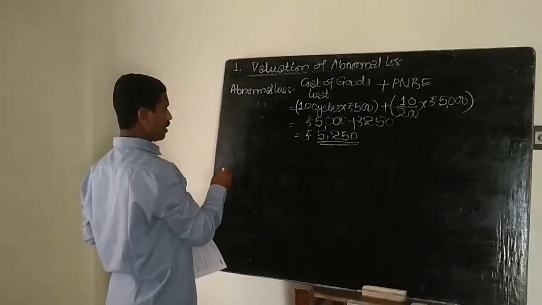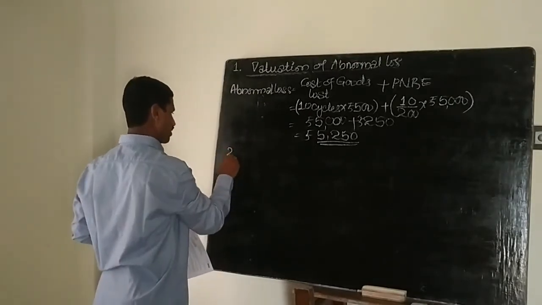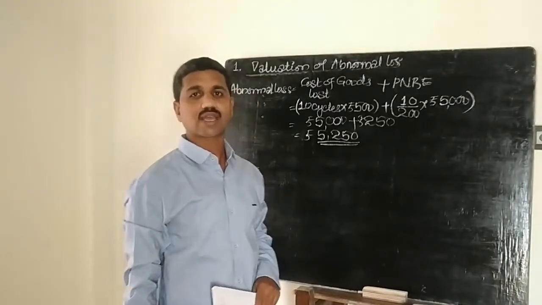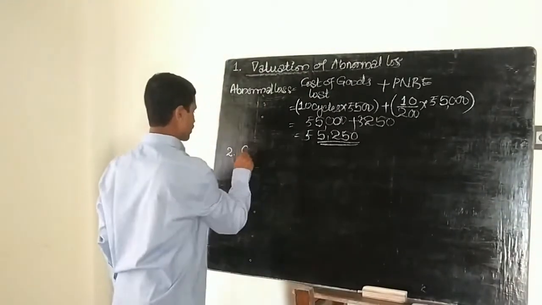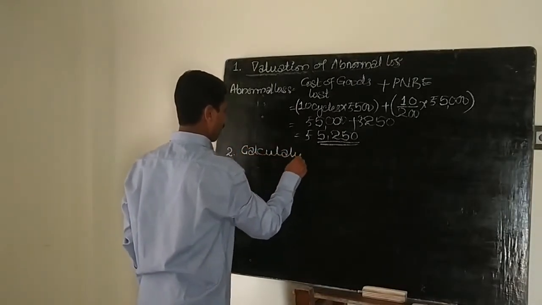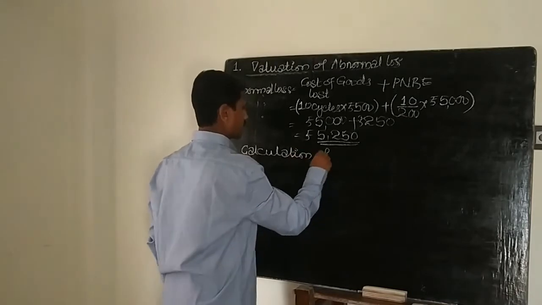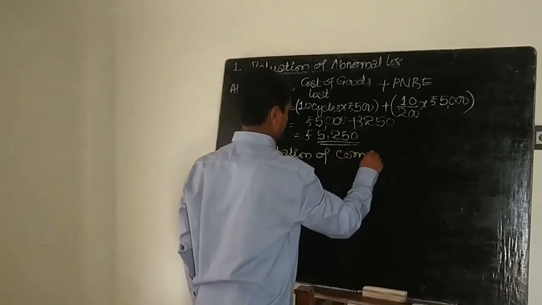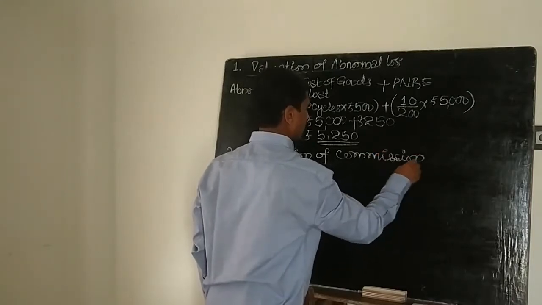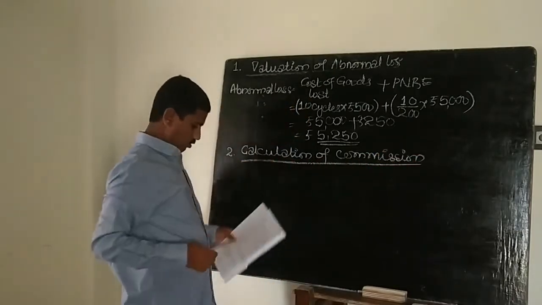Now we will calculate the amount of the commission payable by the consignor to the consignee here. So calculation of commission of consignee, or simply commission here.